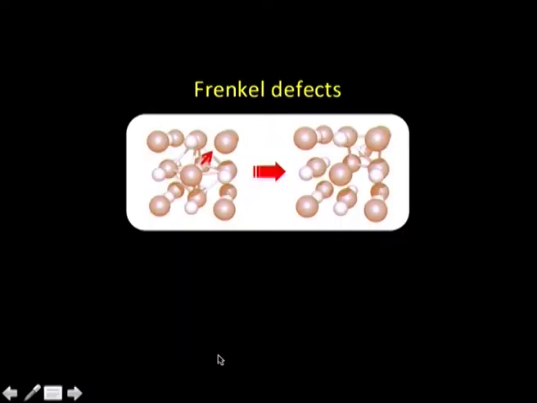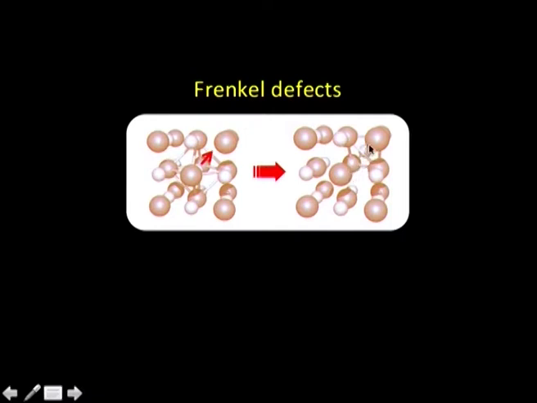Let us understand this. This is a typical sodium chloride structure, and what you find is these white spheres are the silver ions. At this octahedral void, which is the position for the silver ion, what happens in case of Frenkel defect is that the silver ion from this octahedral void, right in the center of this cube, moves to this position, which happens to be a tetrahedral void.